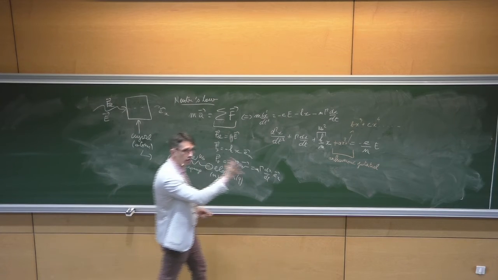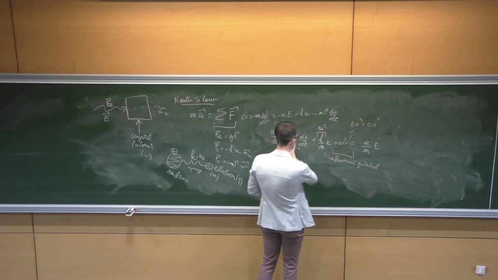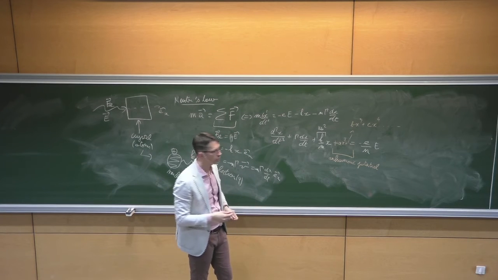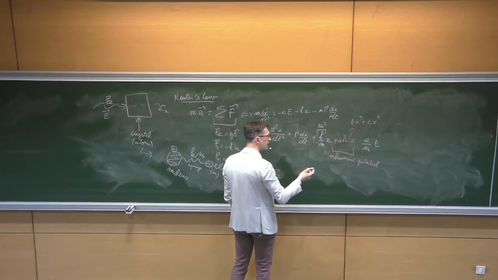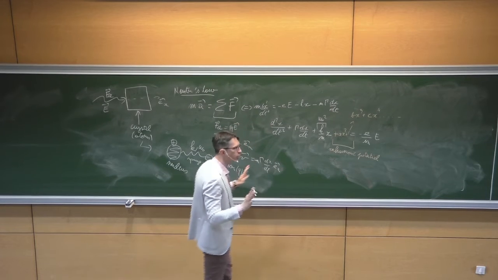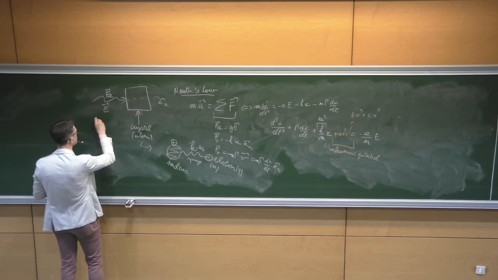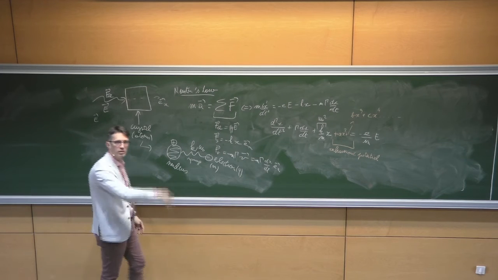If I did not have this term, this equation is known. We can solve this equation for a simple case, when we assume that the electromagnetic wave is a plane wave. We talked about this before.